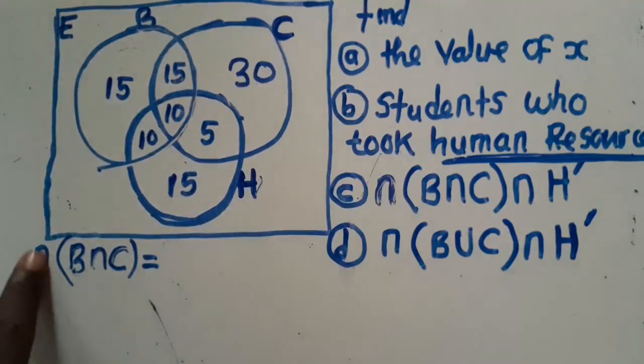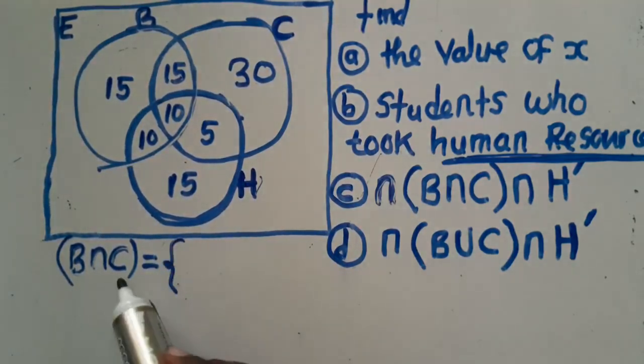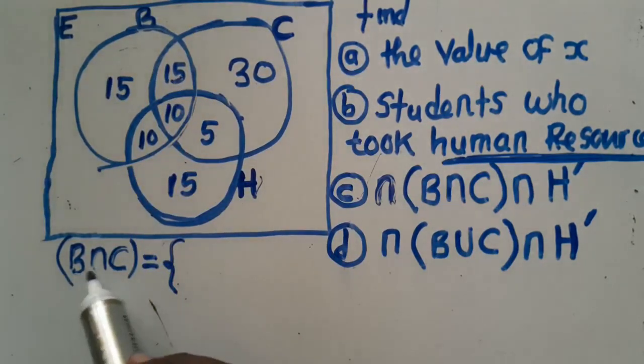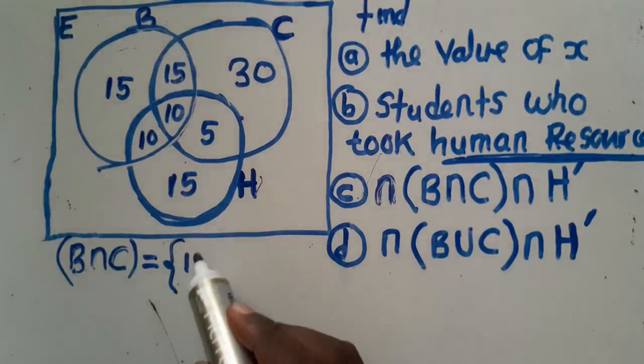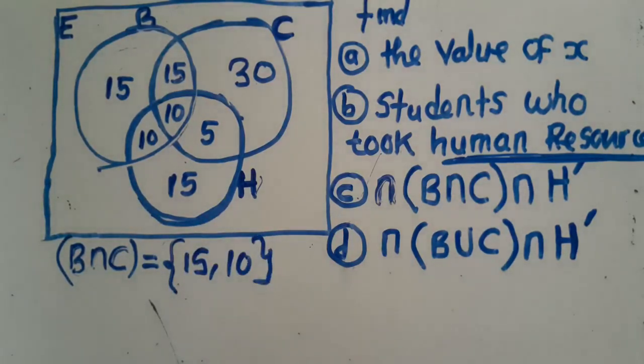I will just list them. So I'll say B intersection C. I've got 15 and 10. I will do this so that you understand.